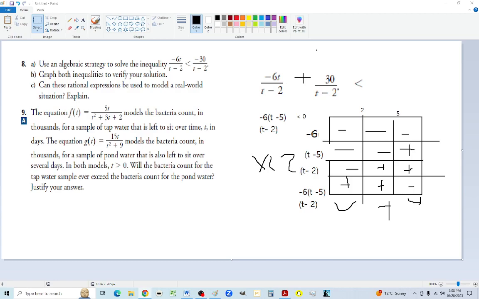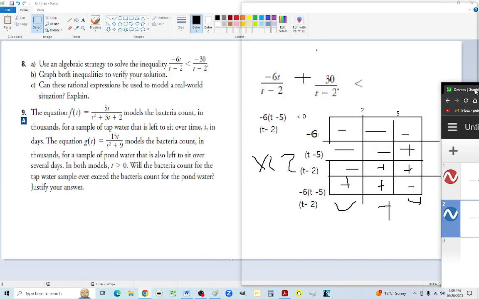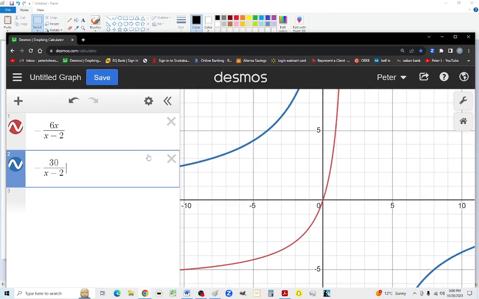So we're going to do minus 6t over, let's do x over x minus 2, and minus 30 over x minus 2. And let's have a look. We're looking for when the red line is below the blue line.